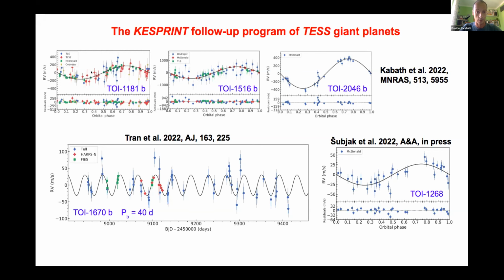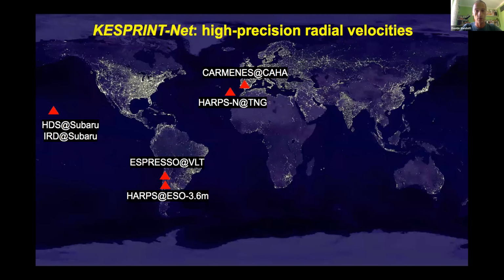And then we also use high precision radial velocity facilities to observe small planets. We have different facilities in the northern and southern hemispheres at different longitudes. Since I'm coordinating the HARPS follow-up, I will be talking mainly about HARPS.